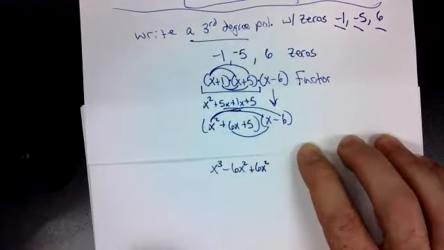And then 5 times x is 5x. And 5 times negative 6 is negative 30.